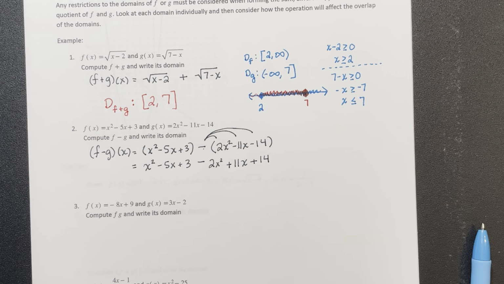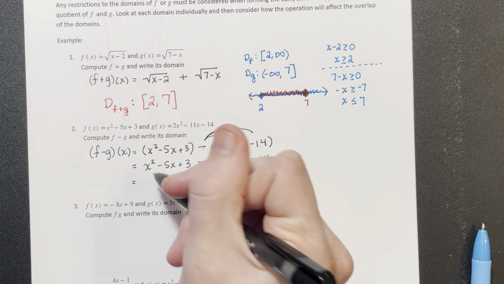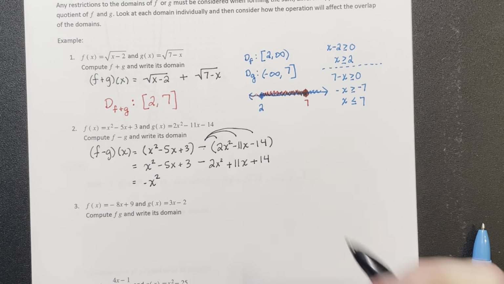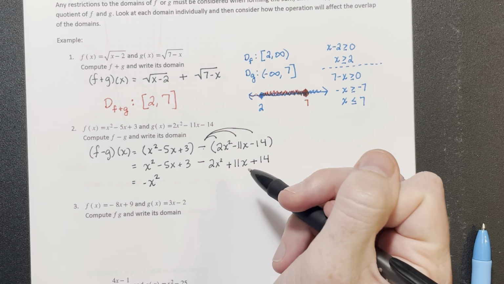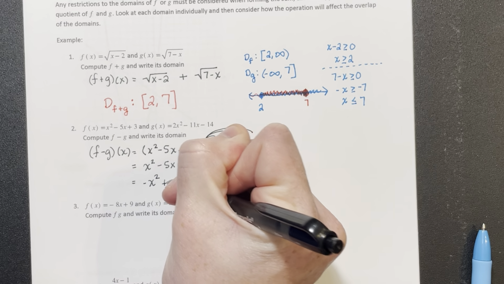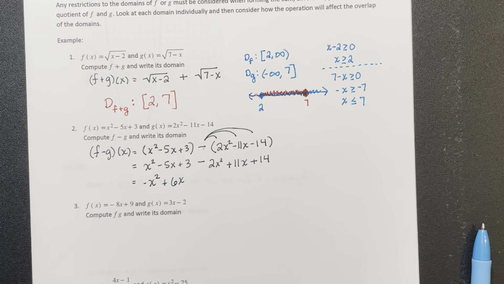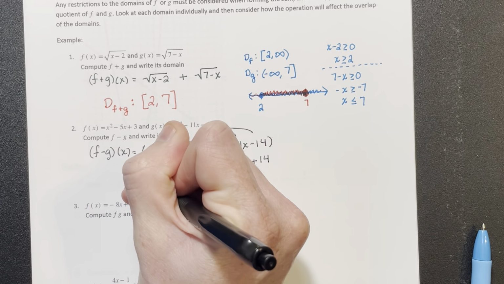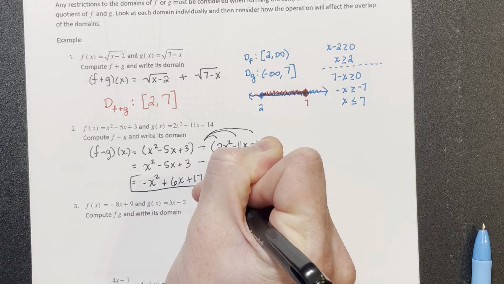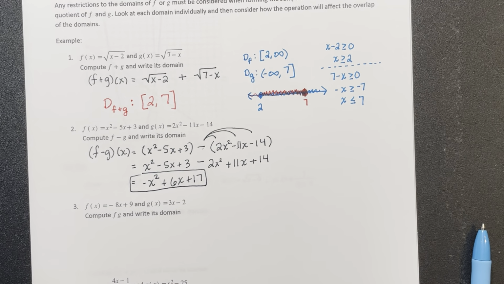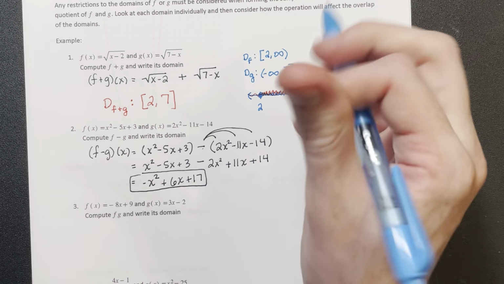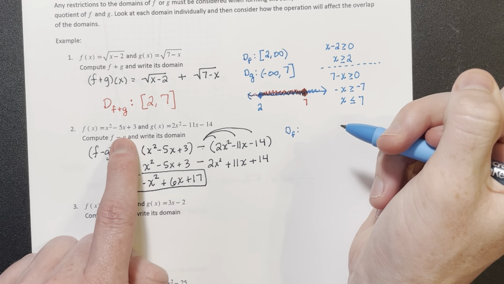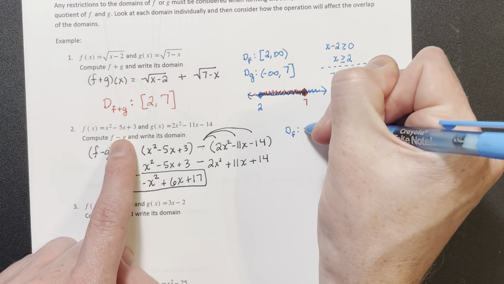And then we combine like terms. If I combine x squared and negative 2x squared, I end up with a negative x squared. Negative 5x plus 11x leaves me with positive 6x. And then positive 3 and positive 14 is 17. So here's our resulting function. We ended with a quadratic, but we have to look at the beginning. The domain of f is a quadratic function, and those have no restrictions.